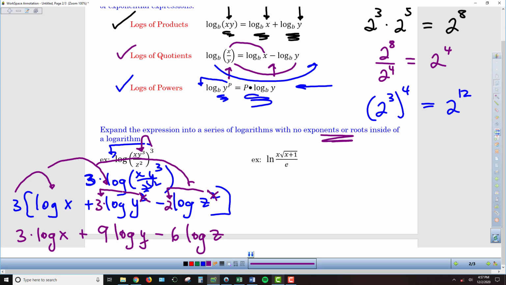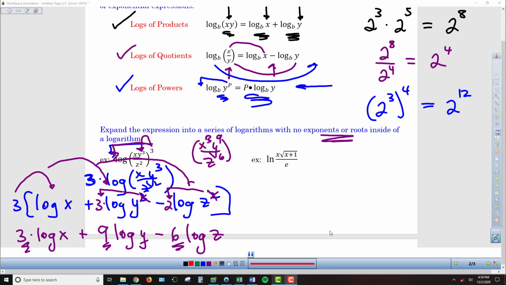And if we take note, what would the exponents on that expression inside be? x to the third, y to the ninth, over z to the sixth, which corresponds to the same coefficients that we have in front of those logarithms there. So if we had done that first and then expanded the expression, we would have ended up in the same place as where we did going the opposite way and bringing the 3 out to the front.